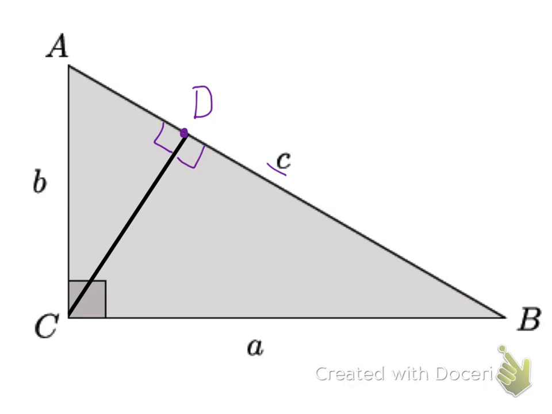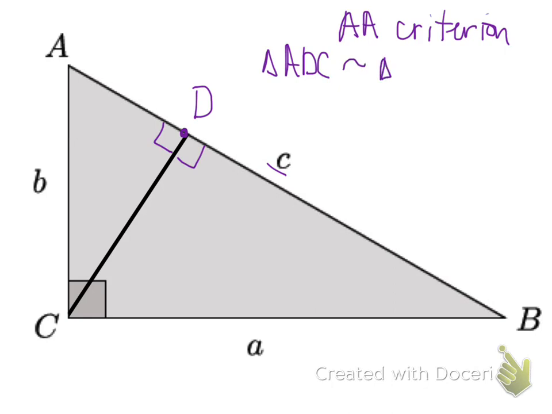By the angle criterion that we talked about in lesson 10, triangle ADC is similar to triangle ACB, the big triangle.